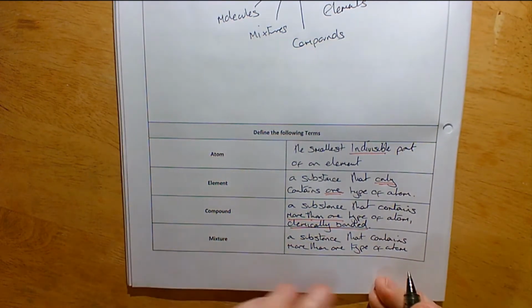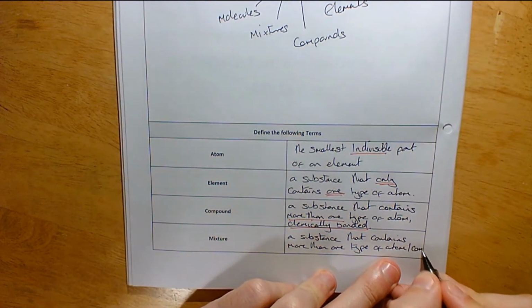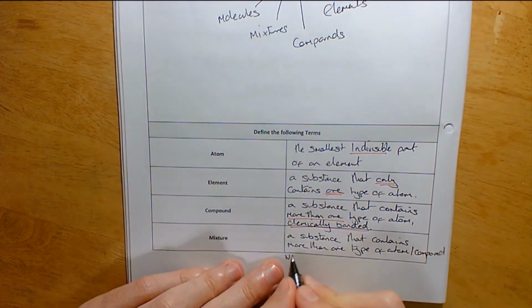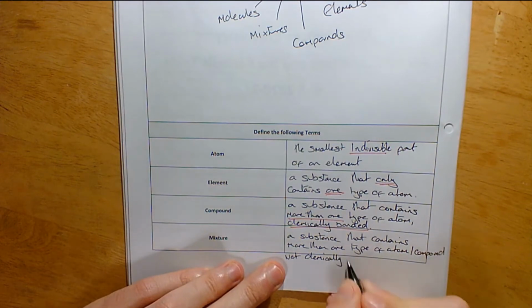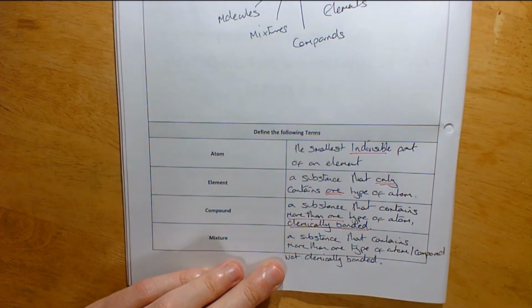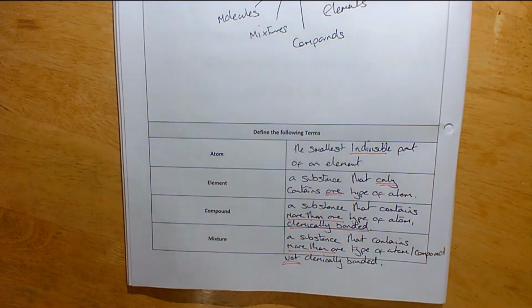Actually, mixtures don't have to be atoms, they could also be mixtures of compounds, so we can say atom or compound that is not chemically bonded. So again, more than one atom or compound, but this time it is not chemically bonded.